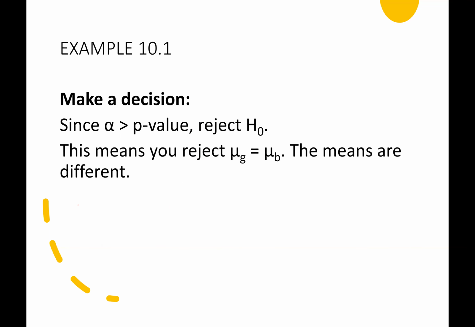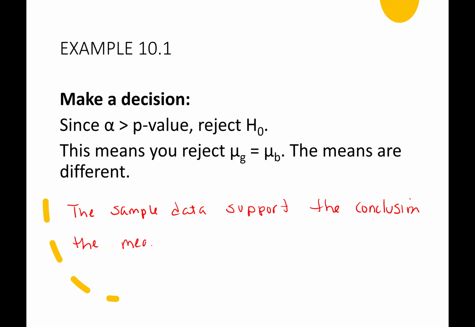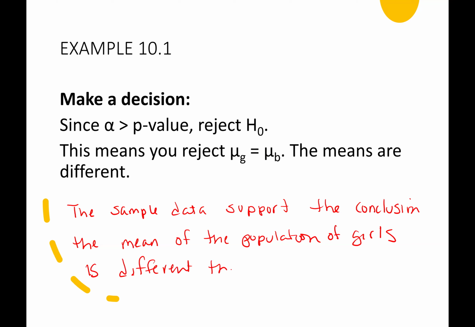Okay, so let's say something like that. The sample data support the conclusion that the mean of the population of girls, and I'm going to go with the whole sport thing, is different than boys.